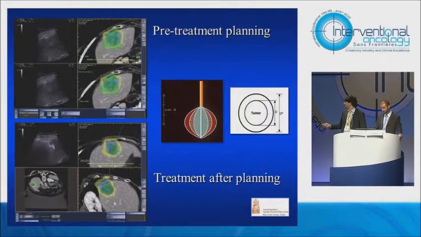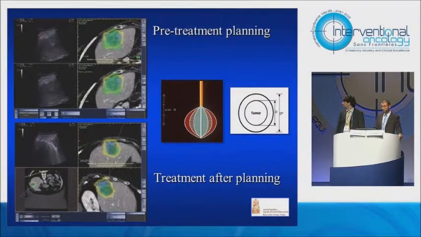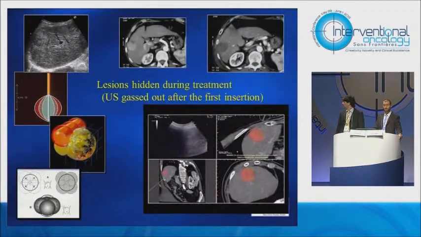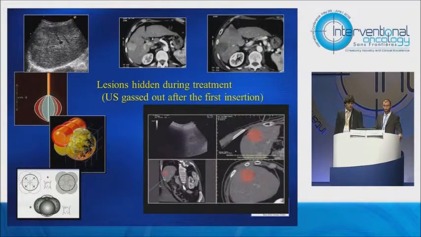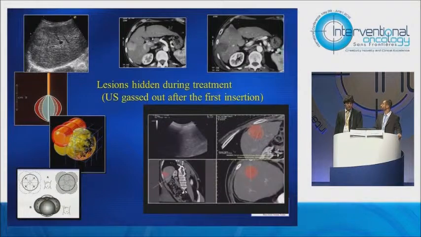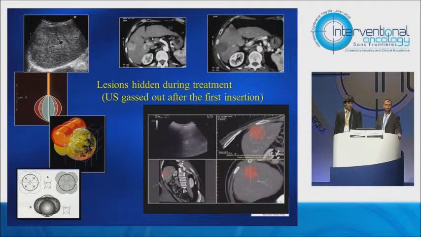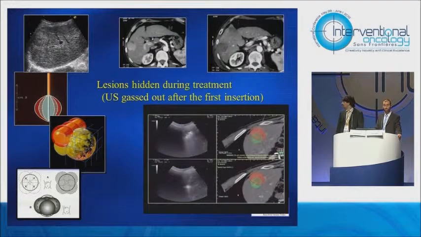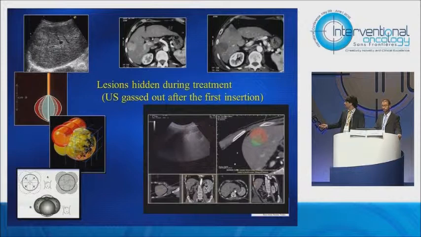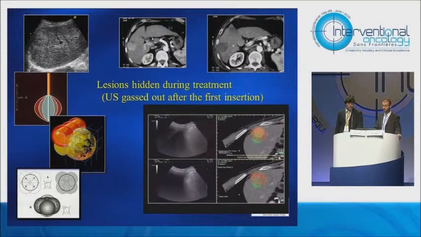Another problem that this kind of solution can solve is gas formation. Because during ablation, when you have to deal with a very big lesion, a lot of gas forms during the procedure, and thus it's very, very difficult to understand which parts of the tumor you have already ablated and which are not yet ablated.